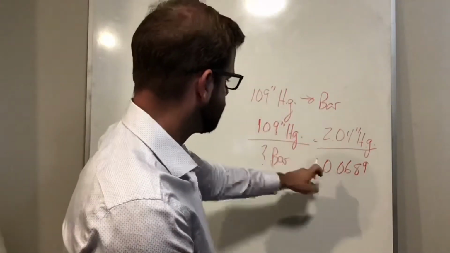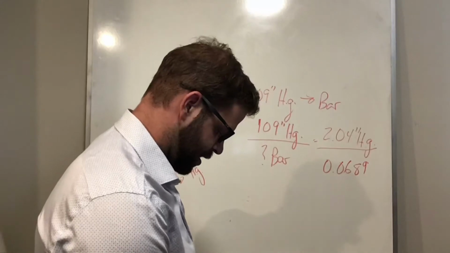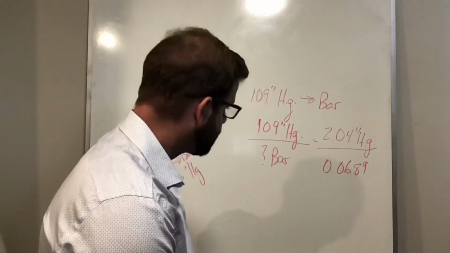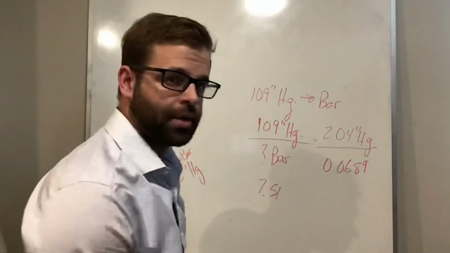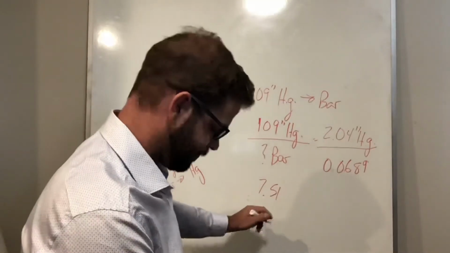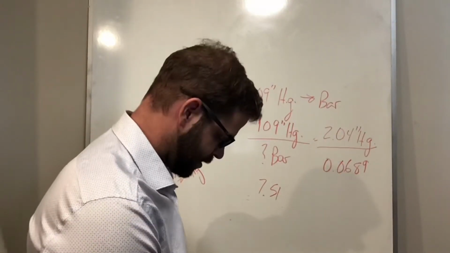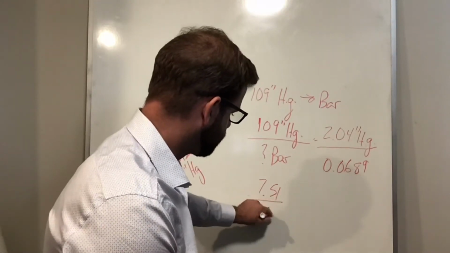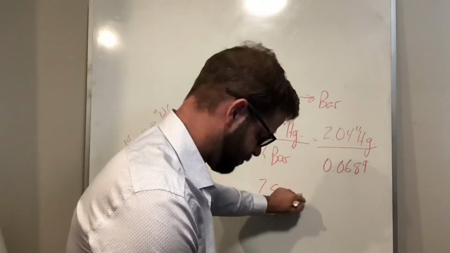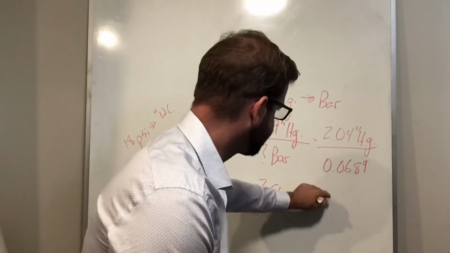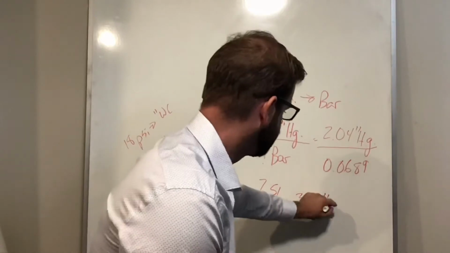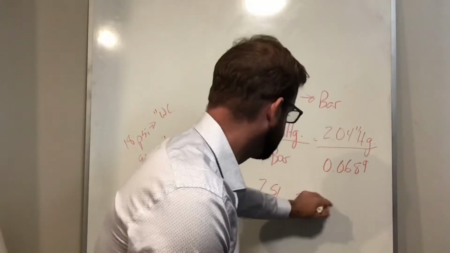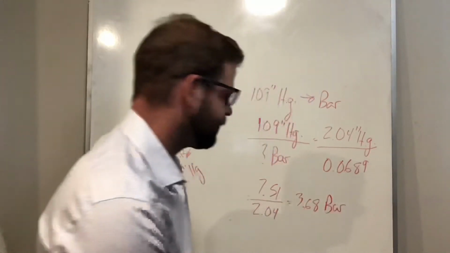So we multiply across what we know. 109 times 0.0689 gives us 7.51, and divide that by 2.04, and we get an answer of 3.68 bar at the end of it.